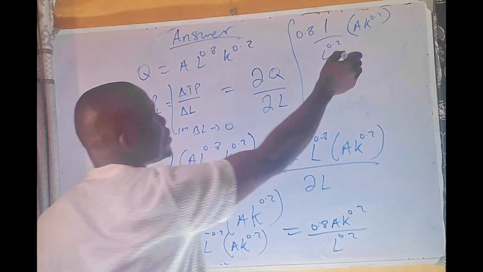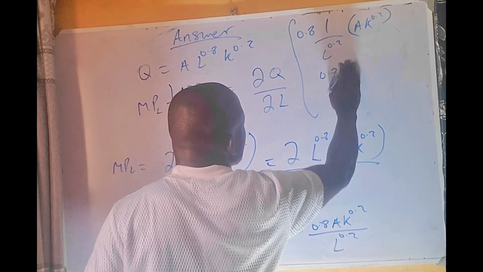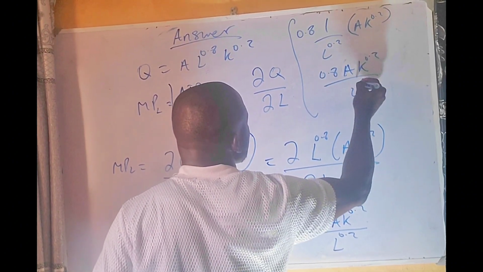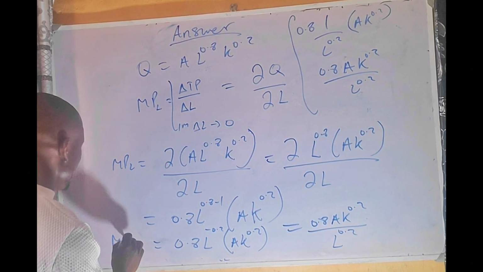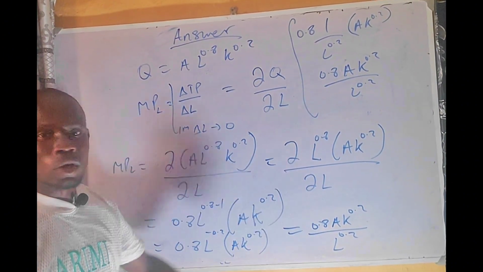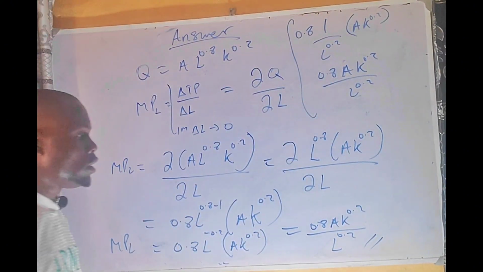When you multiply everything, you have 0.8 A K^0.2 over L^0.2. So this is your marginal product of labor. You are not solving it any further. This is your answer.